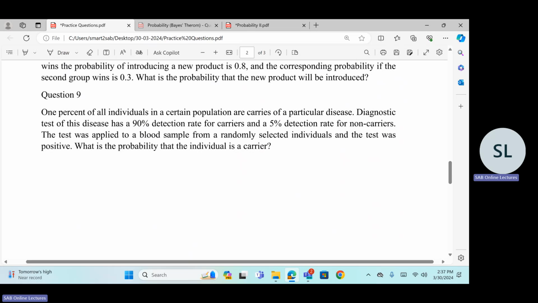To identify whether they are carriers or non-carriers, the first two branches are 1% and then 99%. Okay, then we do the diagnostic test and detect whether each is a carrier or non-carrier.